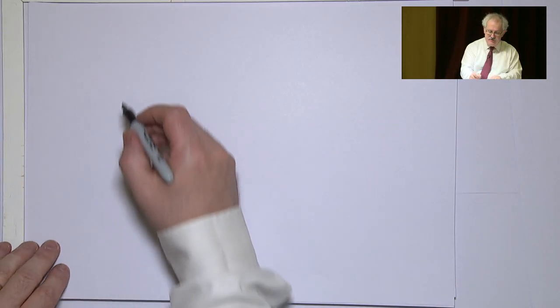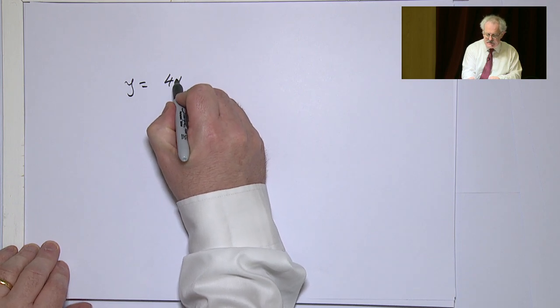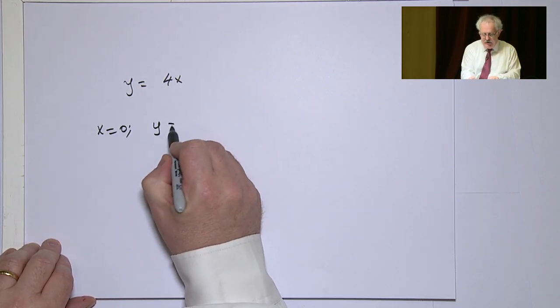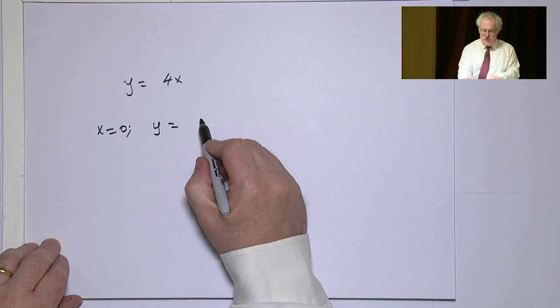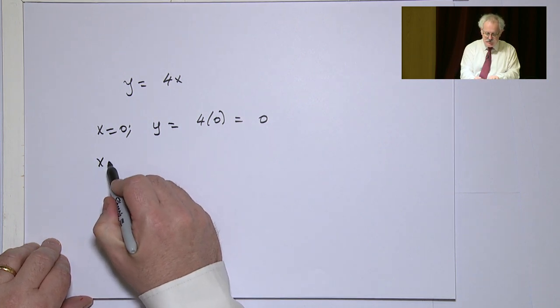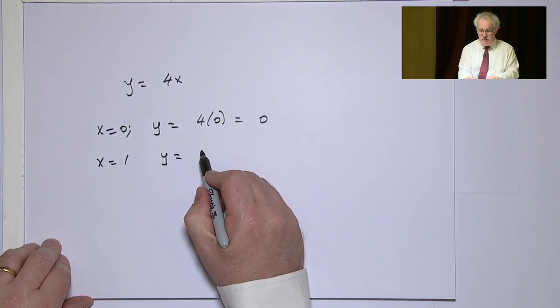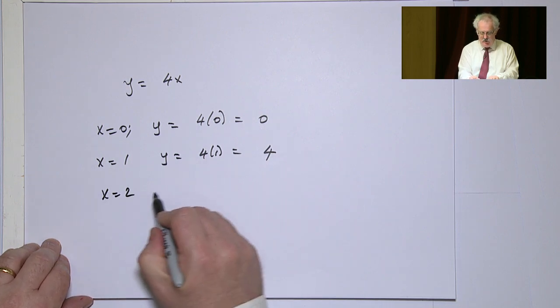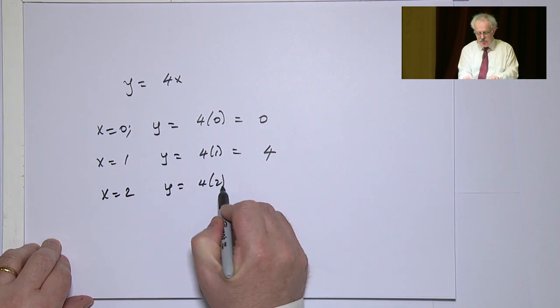I'll have to do a few numbers for this. Y equals 4x. Okay, well, when x is 0, y would be 4 times 0, which would be 0. If x is 1, y would be 4 times 1, which is 4. When x is 2, y would be 4 times 2, which would be 8.